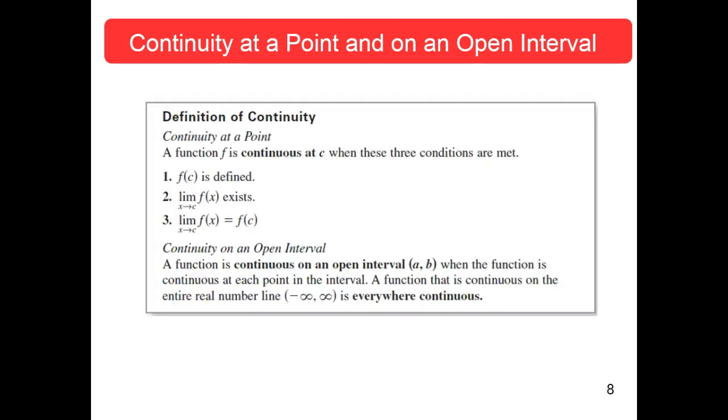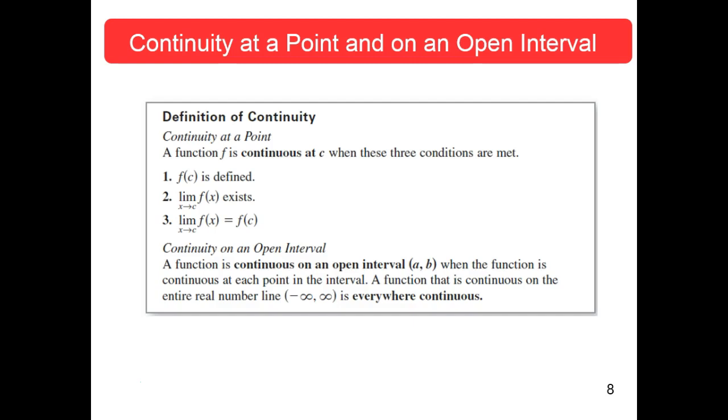So this says the limit must exist as x approaches c. The limit existed as it approached from the left, but it didn't from the right. Third, f of c. If all three of those are met, f of c is defined, the limit of f of x exists from both directions, and if that limit is f of c, you're okay.